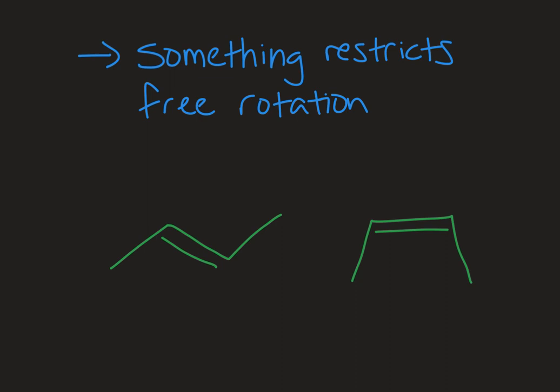And that's because these two groups that are coming off of the central carbons that are part of the double bond are stuck where they are. The double bond does not freely rotate at room temperature, and so you can see that in the left-hand molecule, the two methyl groups in this case are on opposite sides of the double bond. Sometimes it helps to draw in the hydrogens as well, so let's do that.